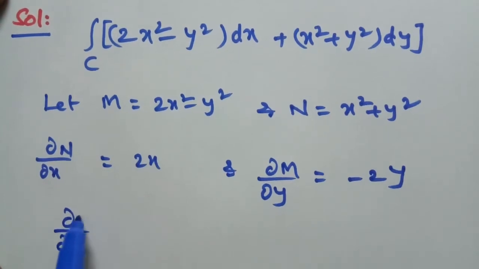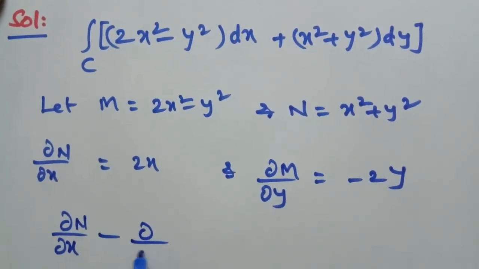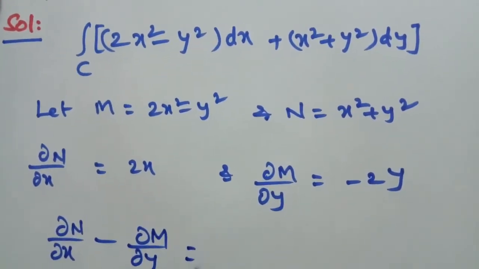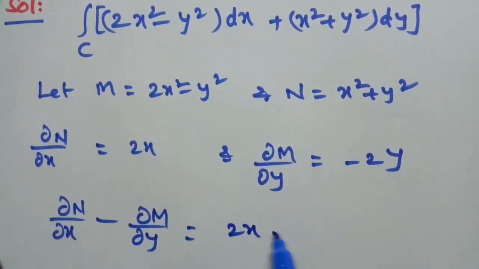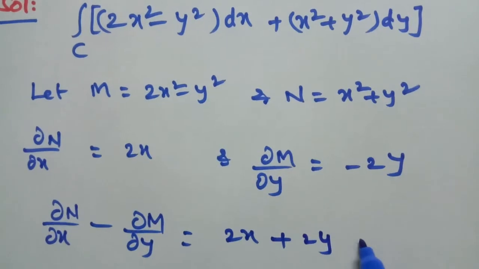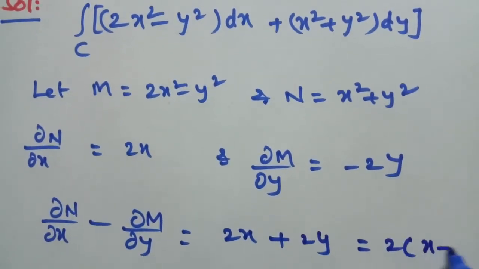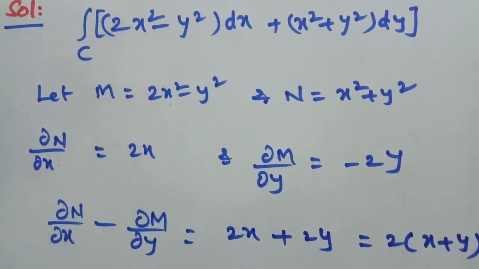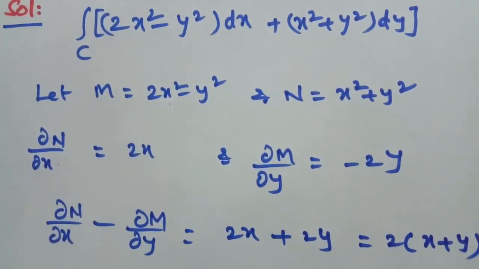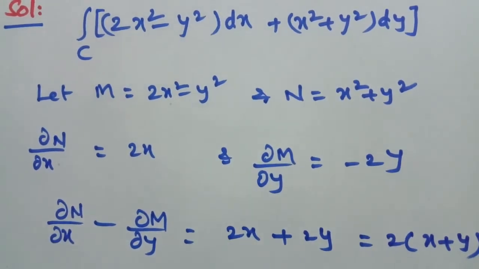Therefore, dou by dou x of n minus dou by dou y of m is equal to 2x minus of minus plus 2y, that is 2 is a common factor, x plus y. Therefore, dou by dou x of n minus dou by dou y of m value is equal to 2 into x plus y.